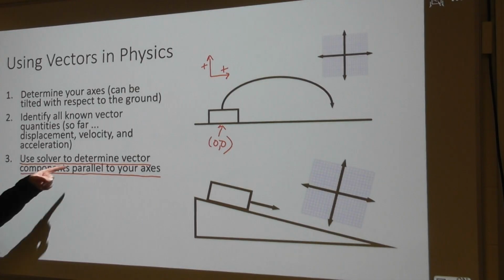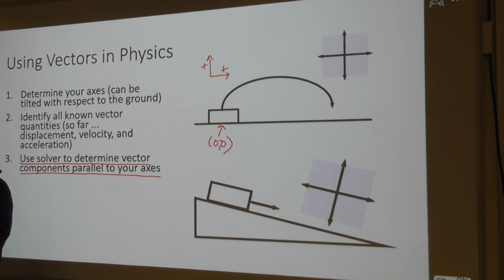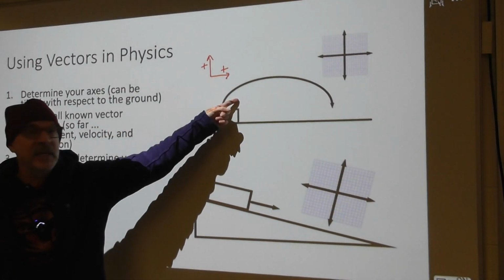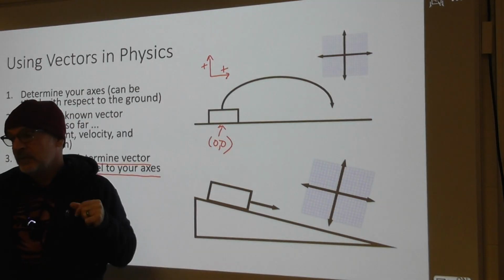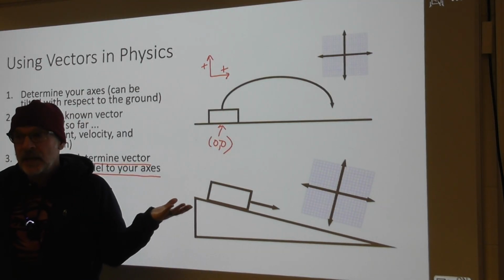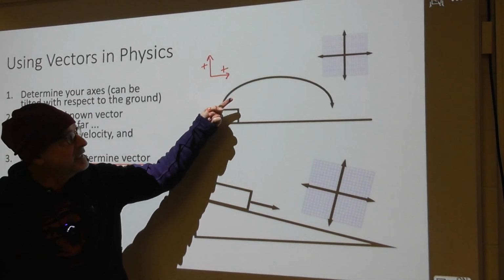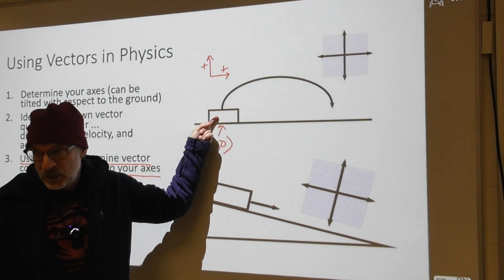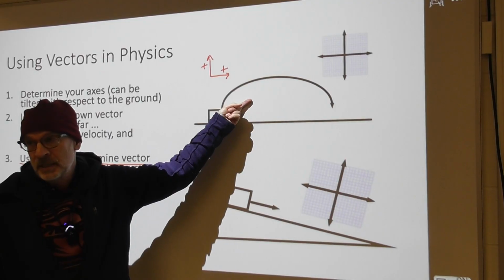What happens here is you will be given a quantity, like a football is kicked at a certain speed at an angle relative to the ground. Then you'll know that if it's kicked at a certain speed at an angle relative to the ground, it's moving initially diagonally up into the air.